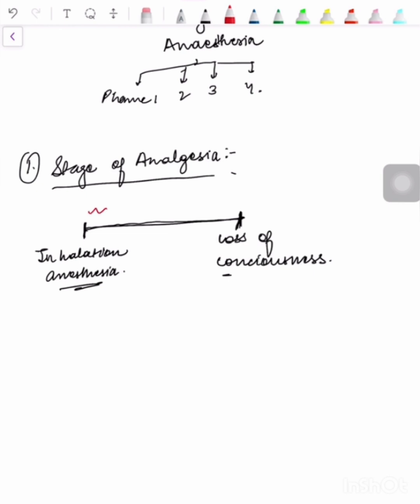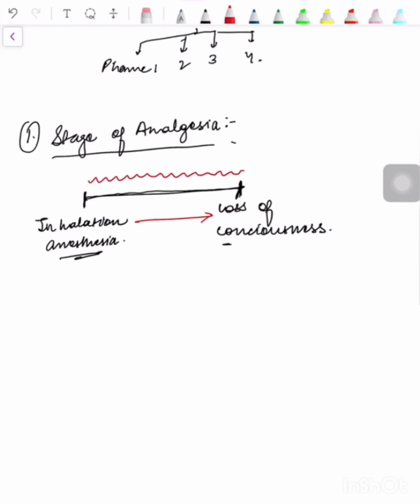This is your stage of analgesia, from here to here. So pain is progressively abolished. Progressively abolished means slowly the pain will start to dial down, like from a scale of 10 it will go to a scale of 0.